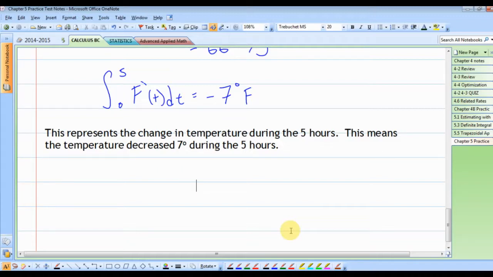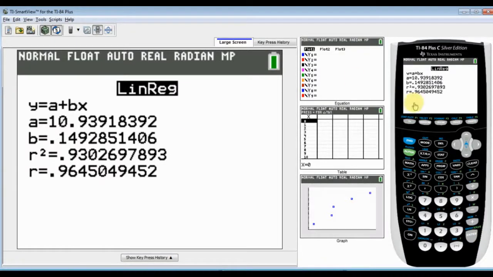There is no product rule for integrals. In fact, there is no quotient rule for integrals. If you see a product or a quotient, that means there's a trick you need to do. We're not going to learn that trick yet, but we are going to learn to evaluate this integral.